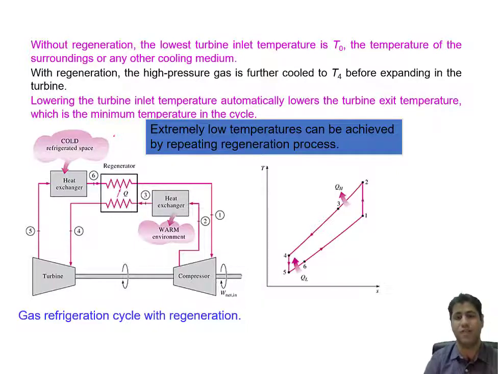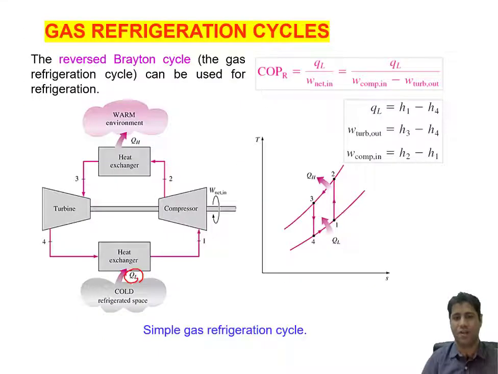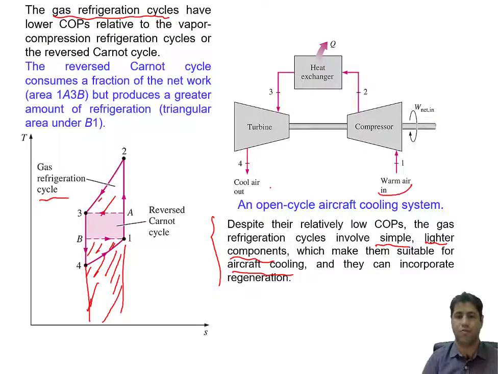Without a regenerator, the efficiency of the cycle depends on the temperature of the surroundings. If you notice in the cycle here, the temperatures, especially in state one and here, this is what we have in an airplane.